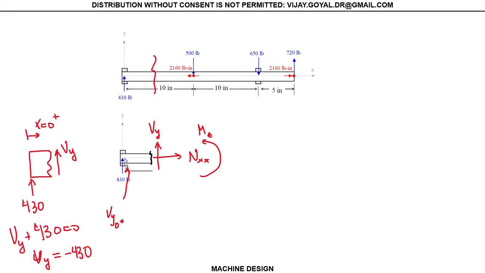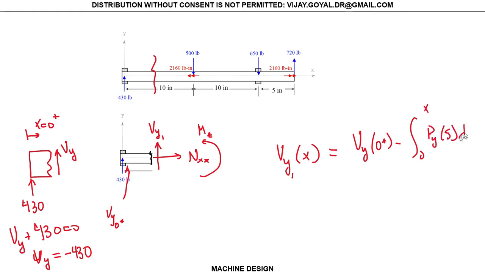Now, moving on. So the first section cut I will do is right here. And that section cut basically tells me Vy of x, section cut number 1, is equal to Vy at 0 plus minus the integral of 0 times px psi d psi.